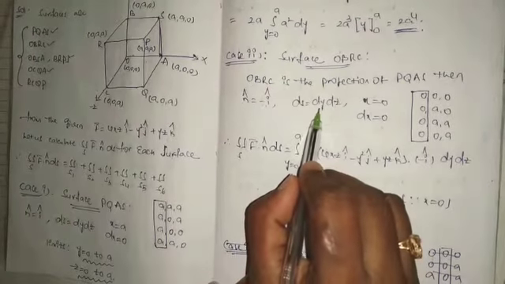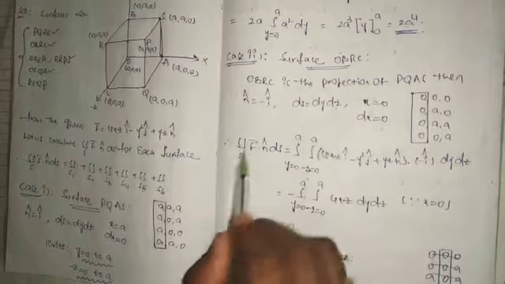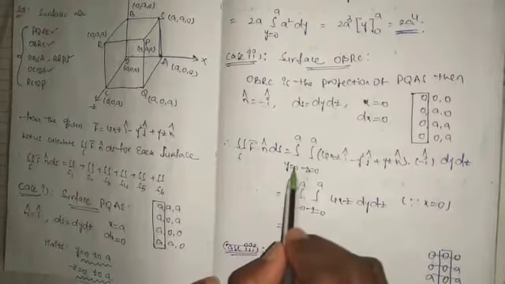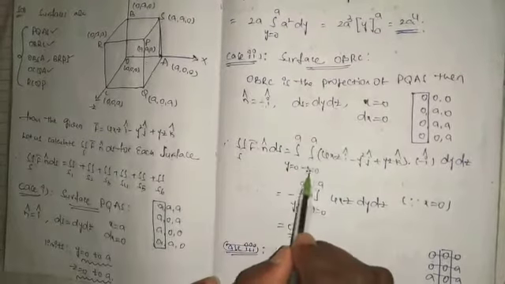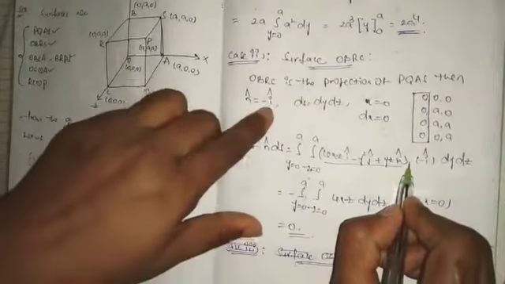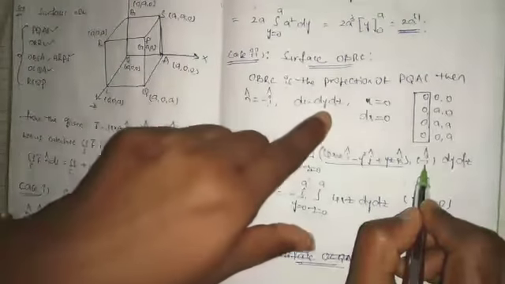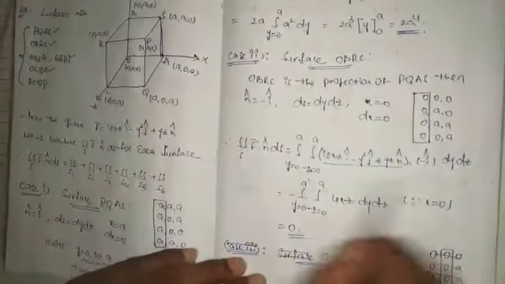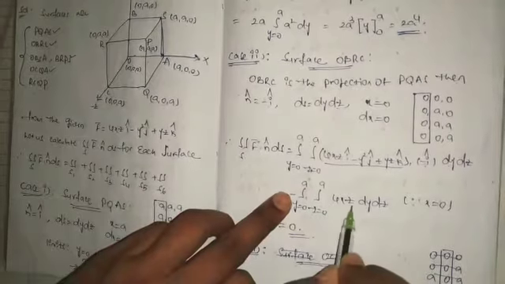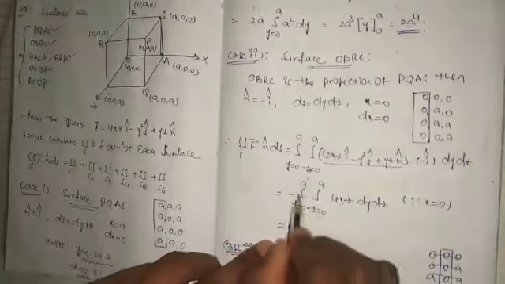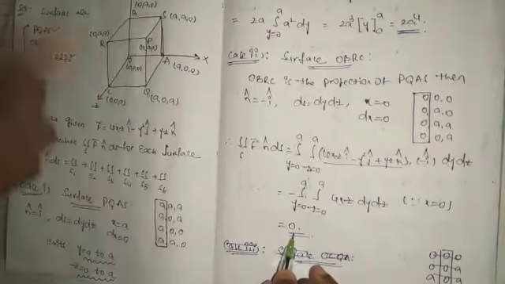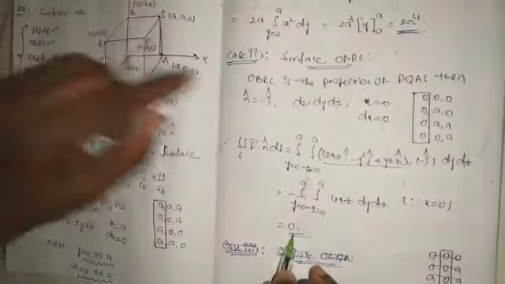The limits are y from 0 to a and z from 0 to a. The double integral of F bar dot n cap dS is the integral y from 0 to a, integral z from 0 to a of F bar dot n cap, where n cap is minus i cap and dS is dy dz. Here minus 1 into 4xz, with x equal to 0, so the total double integral is 0. PQAS and its projection OBRC are both completed.